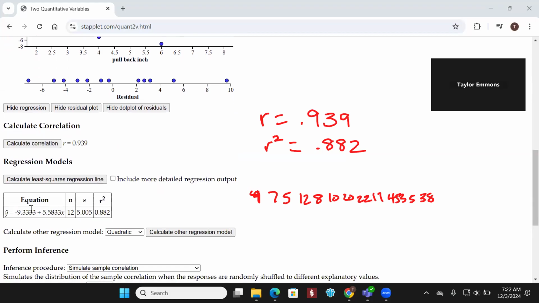And then here's our equation right here. I'm going to write it out for you. So y hat is equal to negative 9.33 plus 5.58x.